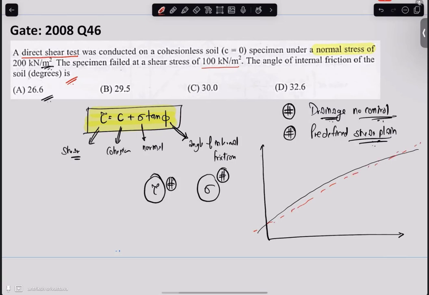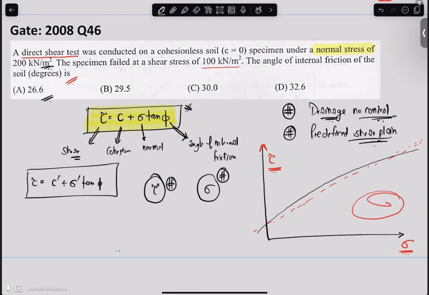Below this envelope the soil will not fail, and above it will fail. The axes of this curve are your shear stress and your normal stress. Later it was identified that this equation is not 100% correct. It should have been C dash plus sigma dash tan phi. So the shear strength of the soil does not depend on the normal stress, rather it depends on the effective normal stress.